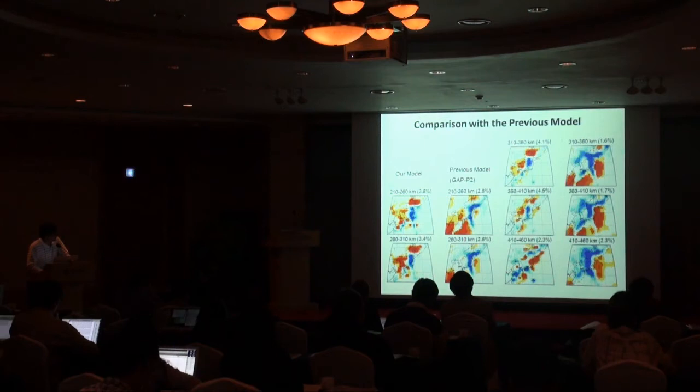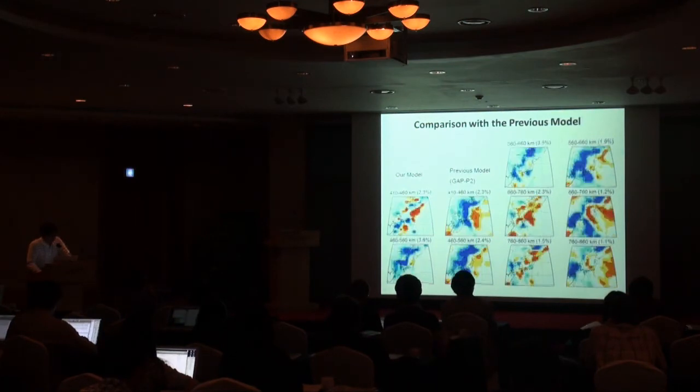The overall features are consistent with each other. But the most striking discrepancies are the low velocity anomalies above the 410, which are observed only in our model, and they are very unclear in the previous model.